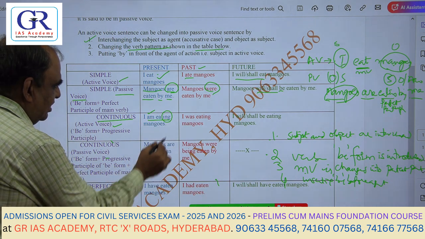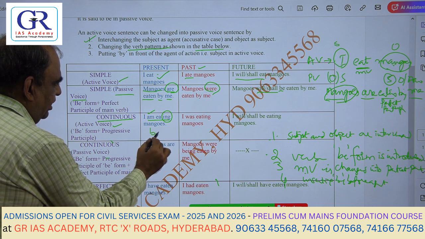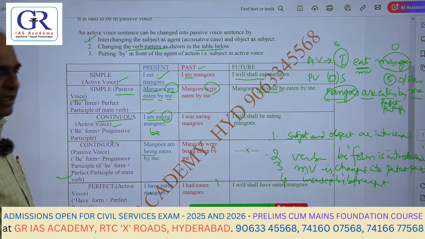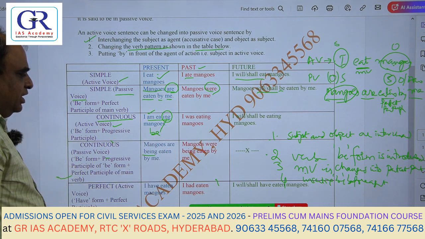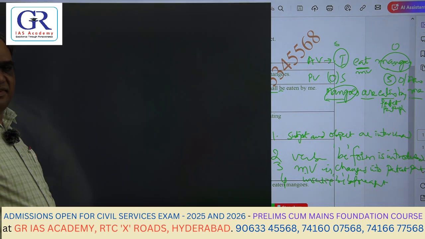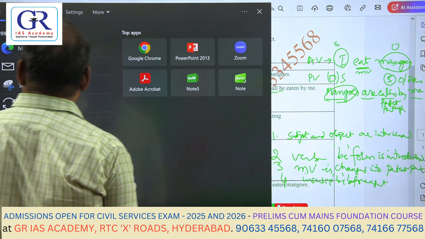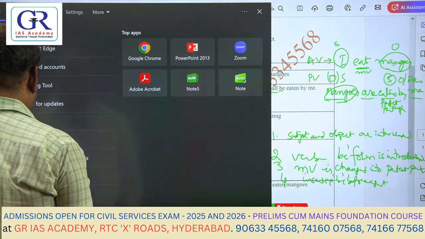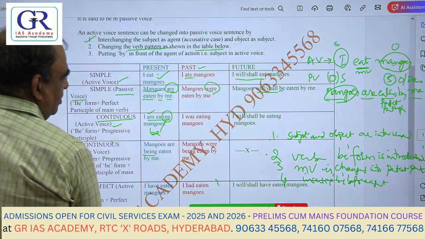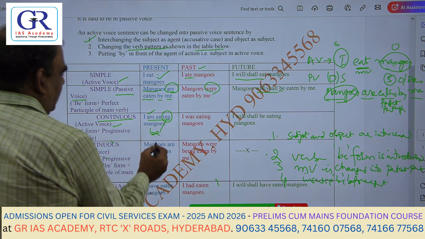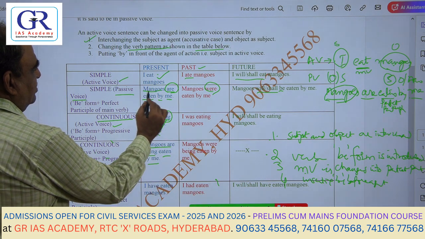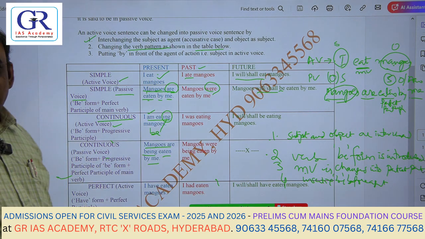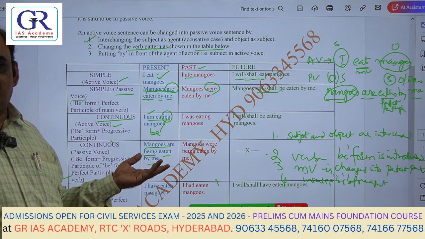That ing is taken away by this be. I am adding be, right? Be will become being. So being, same. Eaten by me, eaten by me. Mangoes are, mangoes are. Very simple. Are you able to understand?